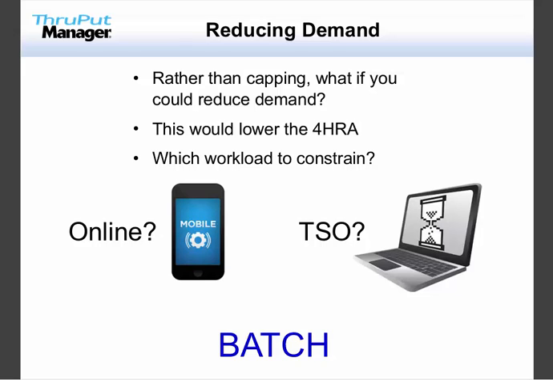They're waiting for a response. You can't delay that. Even TSO, you've got developers that are doing work. You don't want them staring at a clock on the screen, no more than any of us like staring at a clock when we're Googling something. But batch runs in minutes, hours, sometimes even days. So small reductions that can reduce your 4-hour rolling average and save MSUs without having a dramatic impact on the runtime just makes sense to target that particular workload.